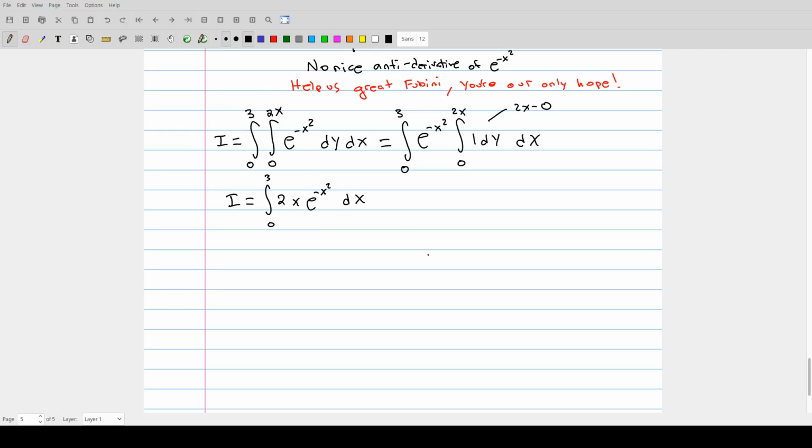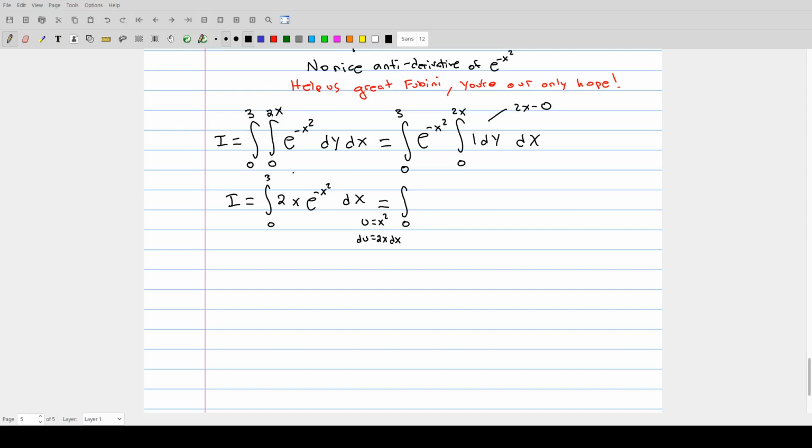You should recognize this as directly an integral that we can do a u substitution on. If we do a u substitution of u equals x squared, then du is going to be 2x dx, which is what we have here. So this integral is now going to become the integral from 0, because 0 squared is 0.